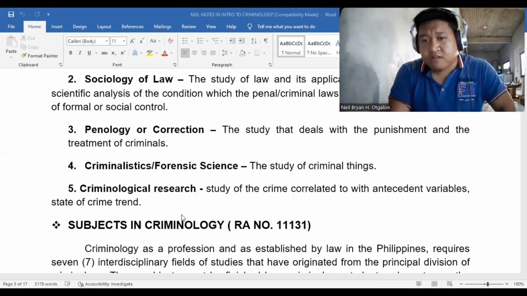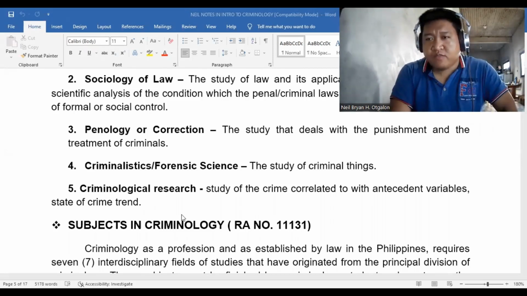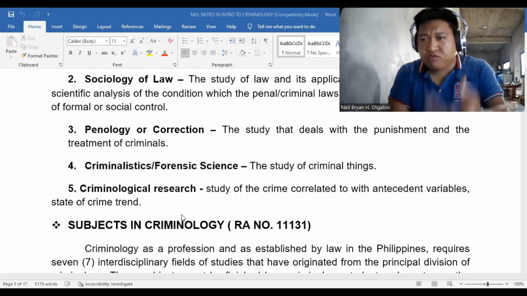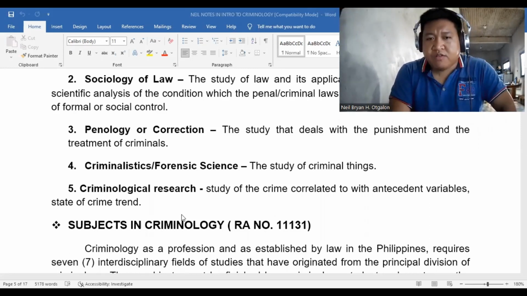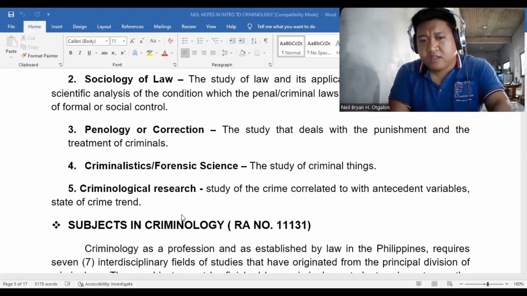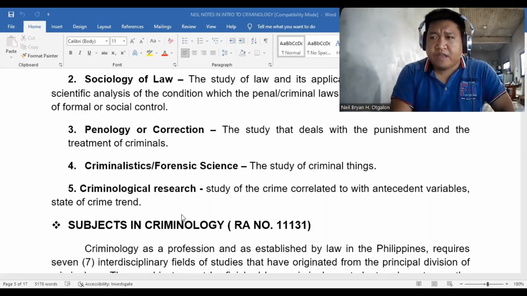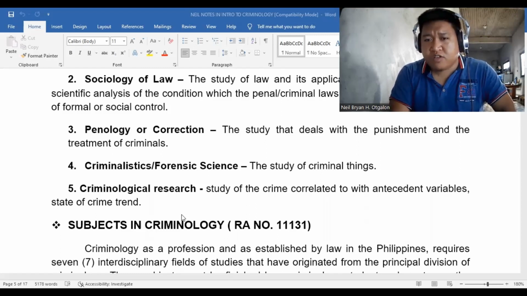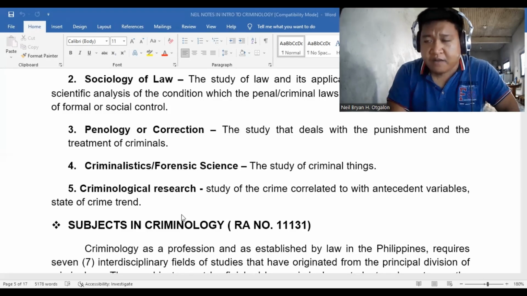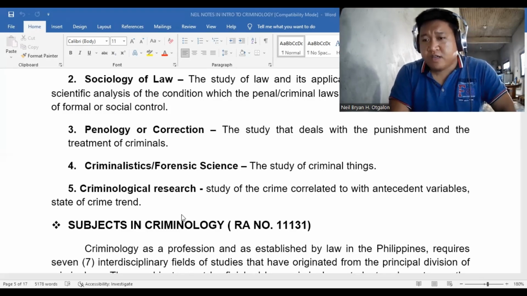Ini-study yung utak, yung skull ng isang tao to determine and establish if it has something to do with his criminal behavior. So, aside from the use of science, the use of research is a fundamental tool that was used by the pioneers in criminology, and even at this very moment in modern criminology, criminological research plays a vital role to all criminologists for them to explain a crime or explain something in relation to a crime.